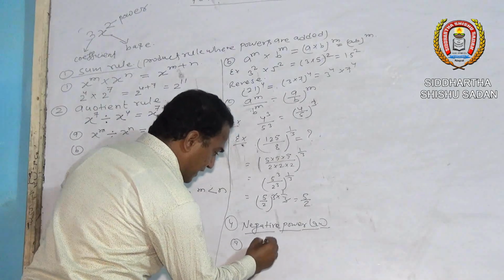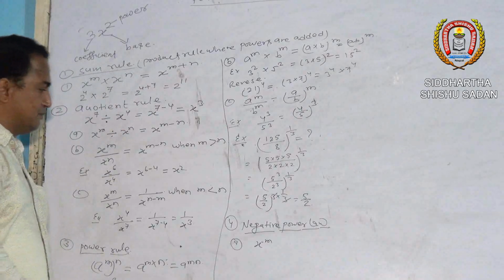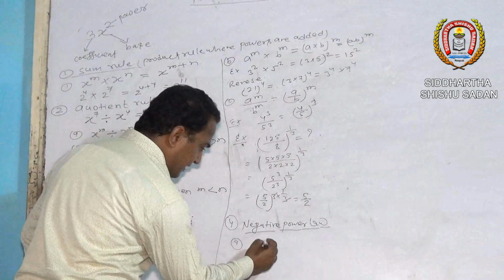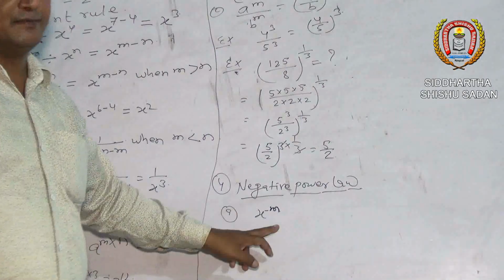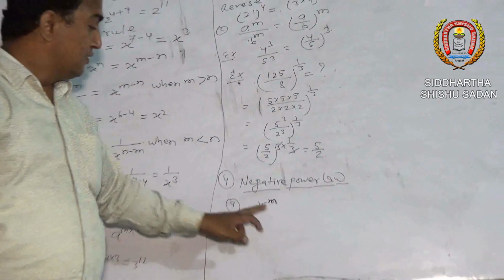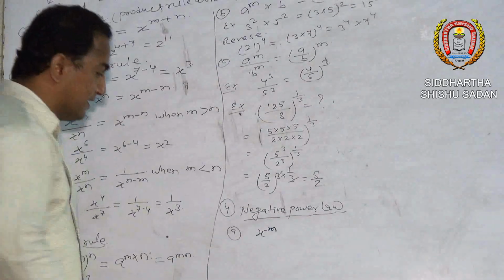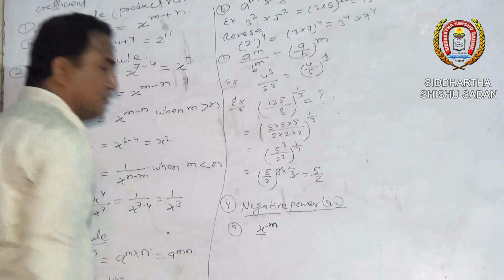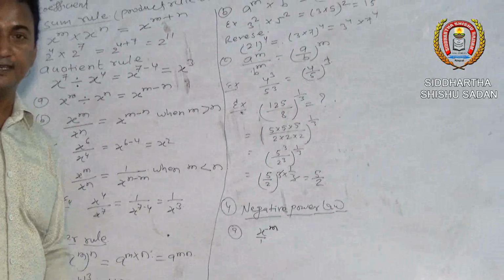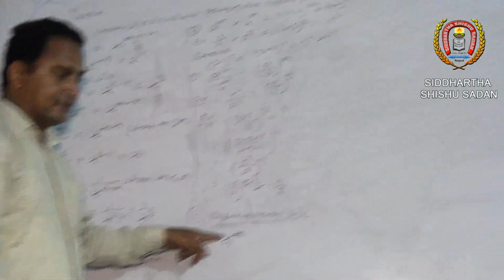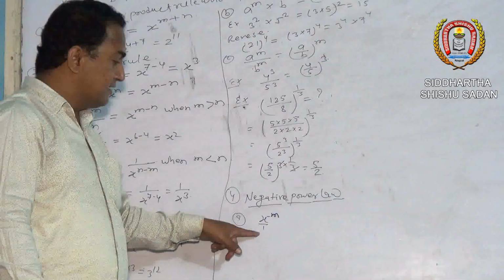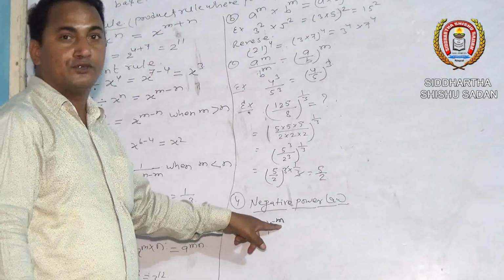X to the power minus m is here. Here the base is x and the power is negative, minus m. In that condition, because there is automatically 1 in the denominator, when we change the base to the denominator, then the sign of the power should also be changed.